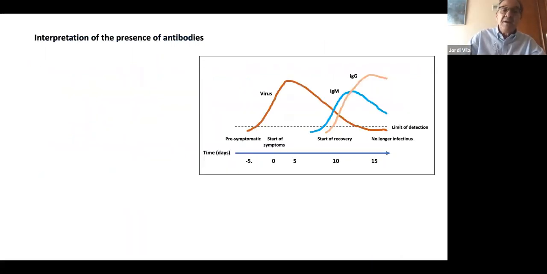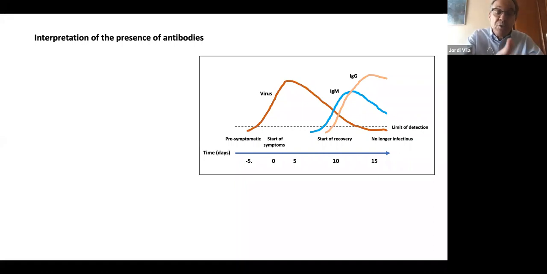If we check the kinetics of both the virus and the antibodies, as you can see here, before the start of the symptoms at time 0, we already have some load of virus.